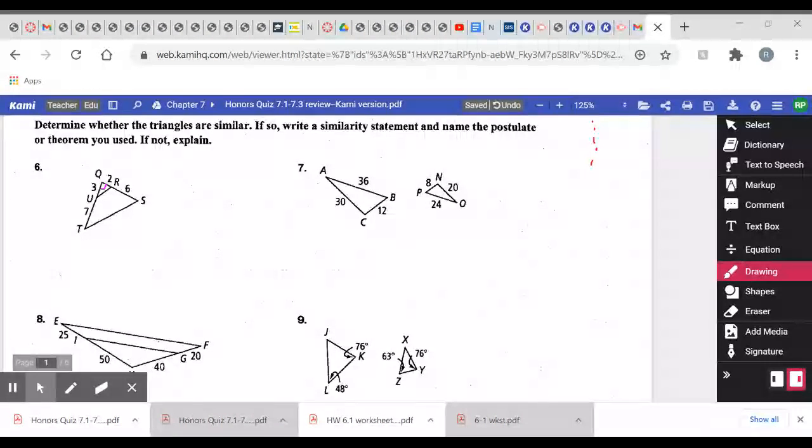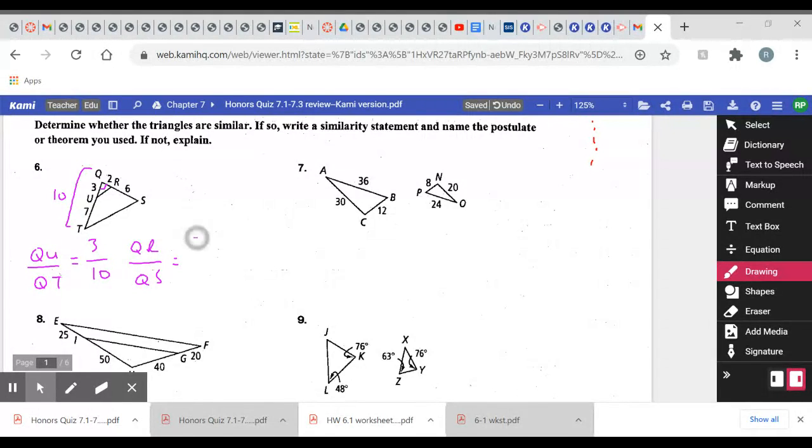So if I check QU for the small triangle over QT for the large triangle, QU is 3 and QT is 10. Okay, 3 plus 7, which is 10. Now, if I check the other side, I've got QR over QS.